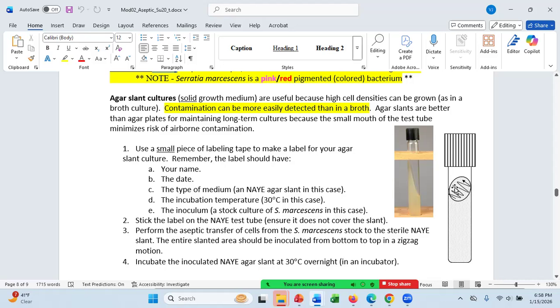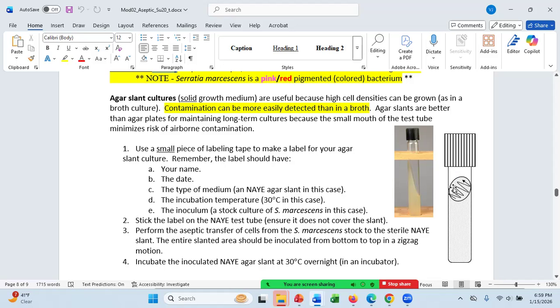If on the other hand it's growing off the slant, so let's say it's growing right here on the side where you did not streak, or it's growing someplace where you did streak and it's the wrong color, not pigmented or pigmented another color other than red, then you know it's a contaminant.